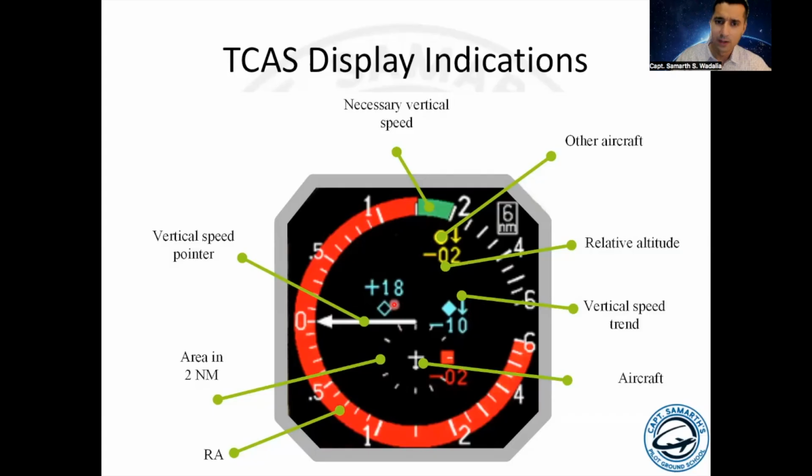Just to recap, least threatening target on screen, hollow diamond, +18, roughly 11 o'clock our position, 1800 feet above us. The next target is solid diamond, -10, 1000 feet below us, descending with a vertical speed of 500 feet per minute or more. Solid yellow circle, target 200 feet below us, descending with a vertical speed of 500 feet per minute or more.